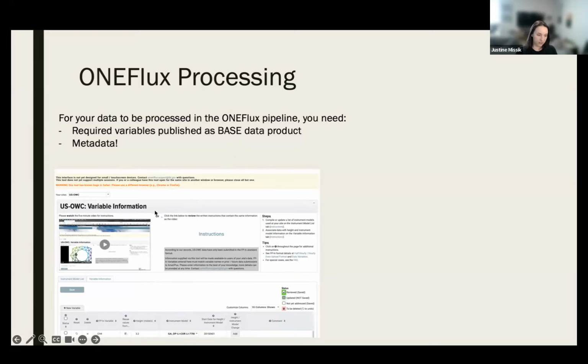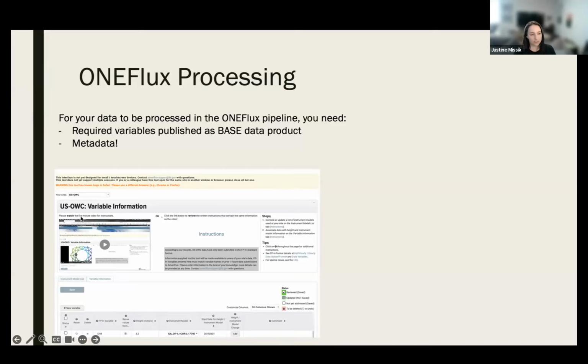So this is just showing for Old Woman Creek what that looks like. You can update all of the information about your instrument models, and then the variable information. So you need to update all of the heights or depths of your sensors, and you can add dates when the sensors might have changed, or when the heights or depths might have changed and things like that.